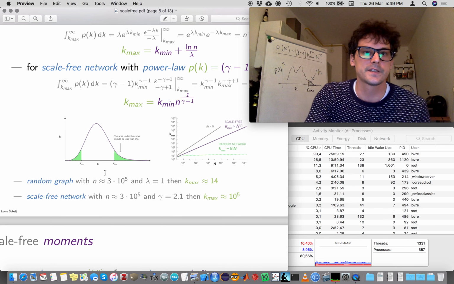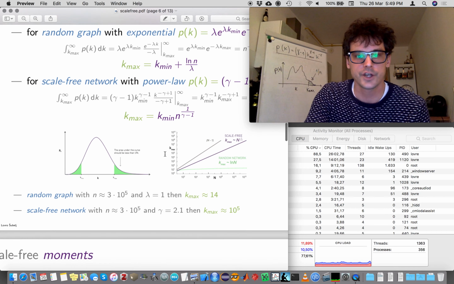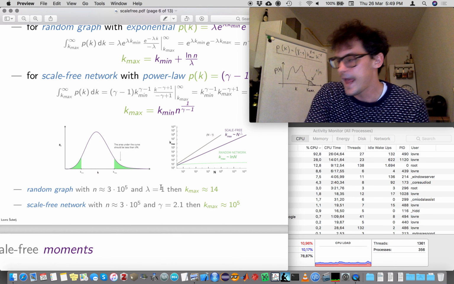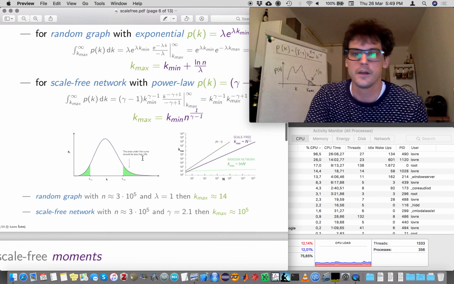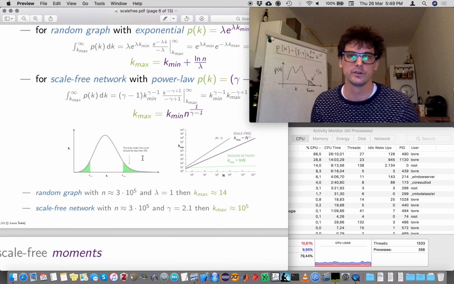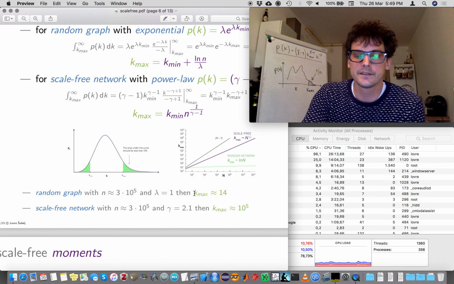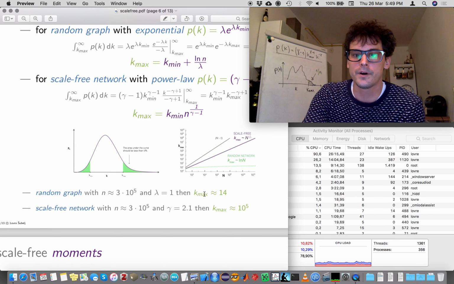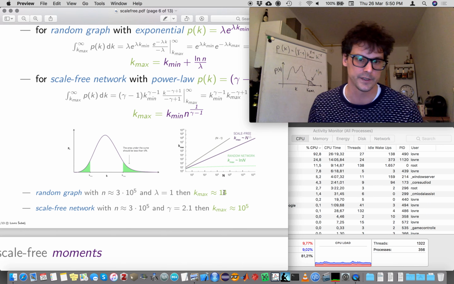Let's first assume that this lambda parameter of the exponential function equals 1, and let's set this k-min parameter to 1, saying that there exists at least one node that has degree 1. What we get is that the estimated size of the largest hub is around 14. So the largest degree that we will get is around 14.